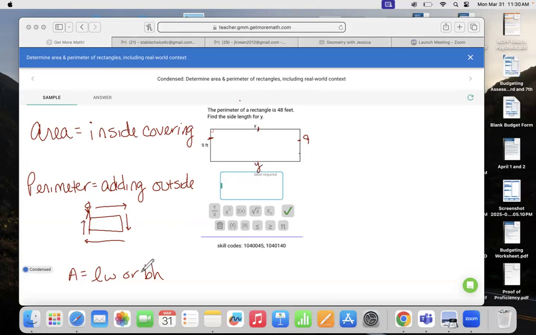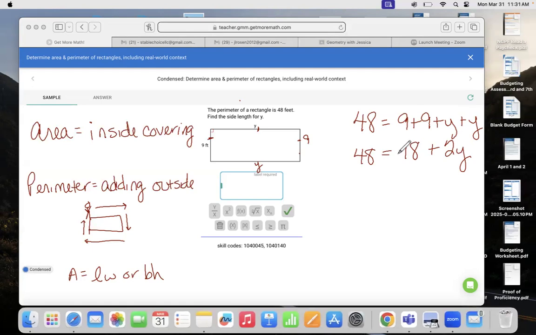So if I'm adding up the outside, that means I'm going to have 48 equals 9 plus 9 plus Y, essentially, right? Well, to get rid of that, I would combine 9 and 9, and it gets me 18, and then two Ys, right? So you could do it algebraically, or you could just rationalize it.